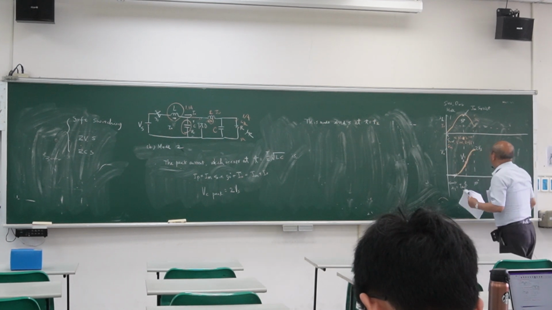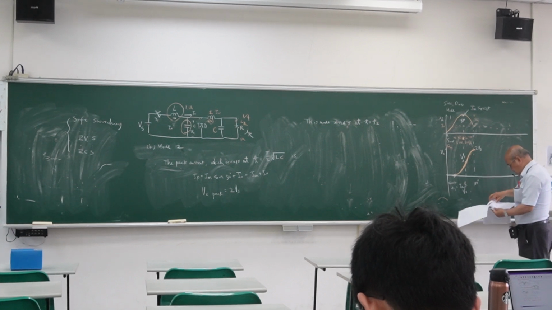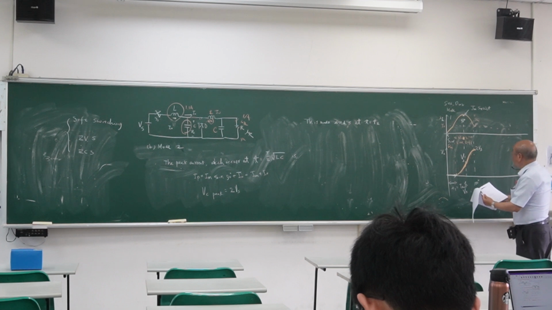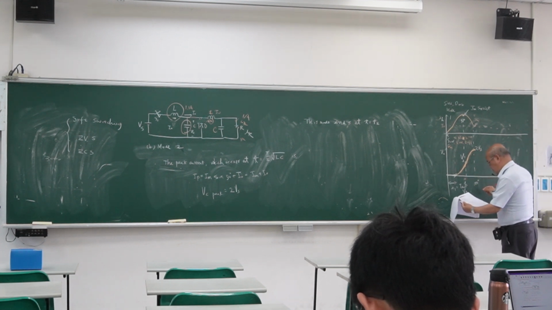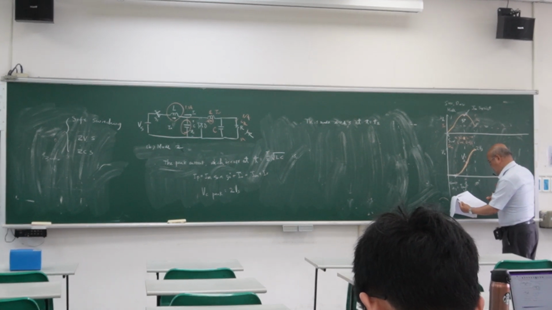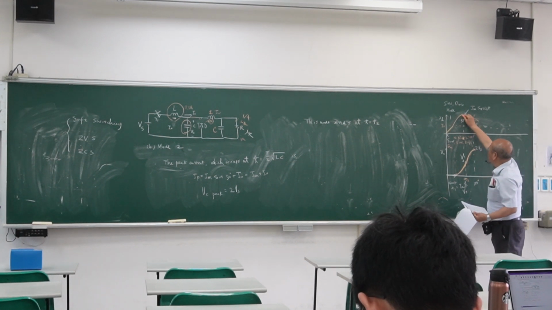So we can say this is t equal to t2. So we can say this is t2. This is t2. T equal to t2, here is t2, peak value.